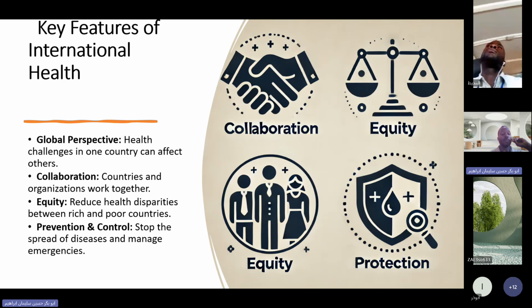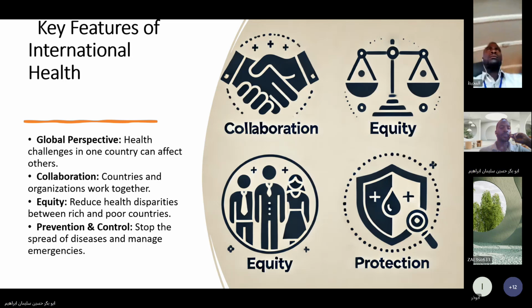Some countries have the ability to support or protect themselves, and others do not have the good ability to do that. In international health, they work on equity. With equity we can reduce the variation between them because they cooperate with each other. They support each other, which can reduce the variation.